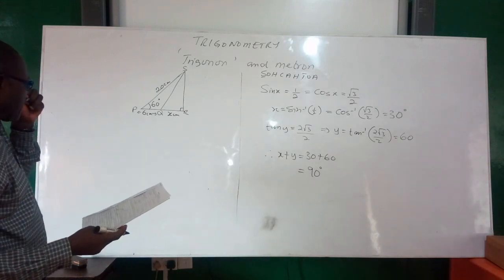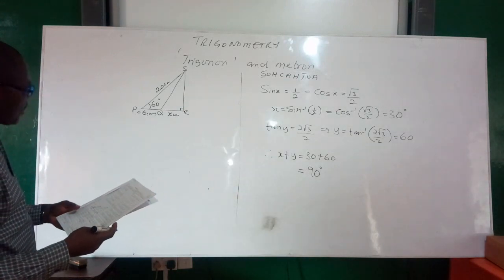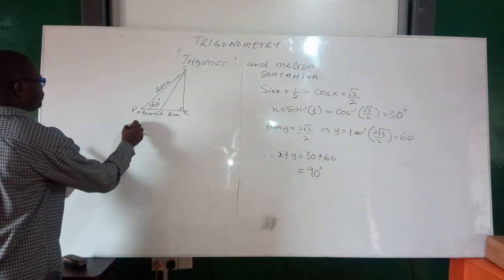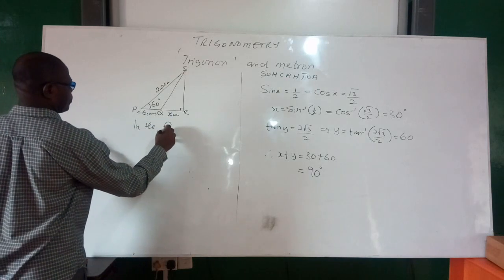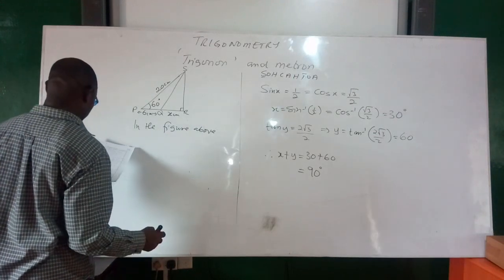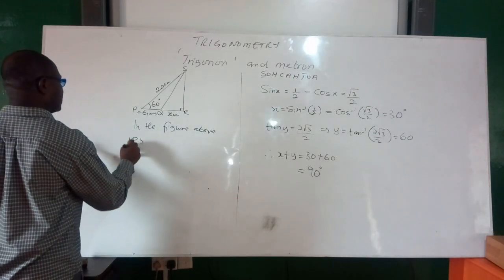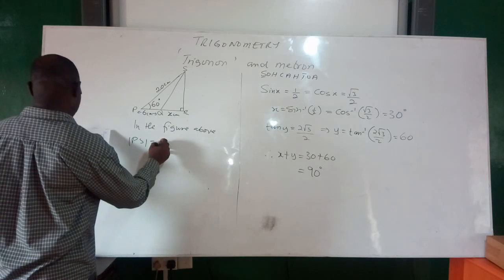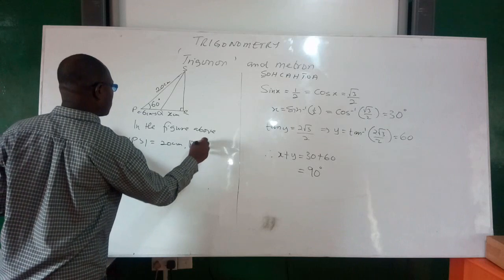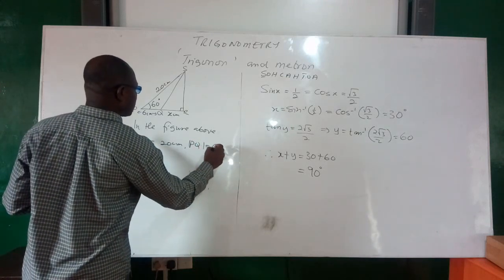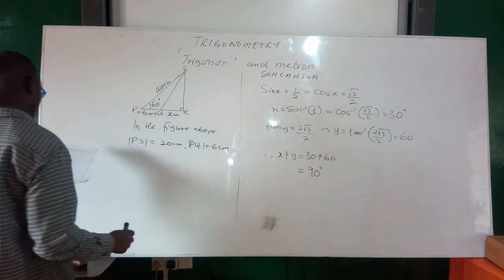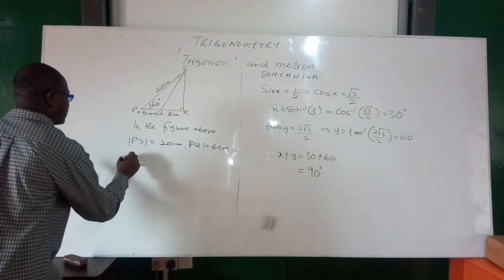Now, the question involves this figure. Let's get the question down. In the figure above, the magnitude of PS is 20 centimeters. PQ is 6 centimeters.